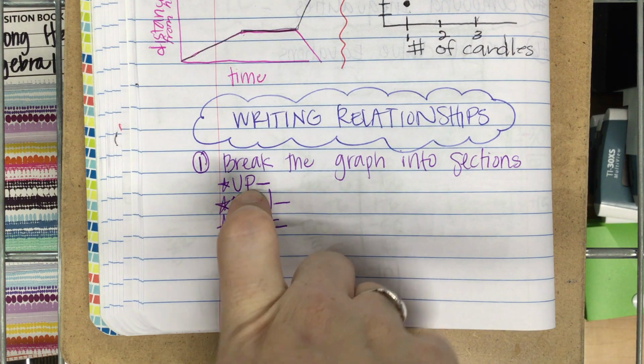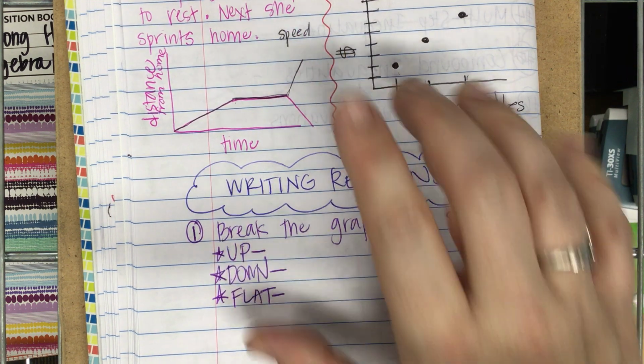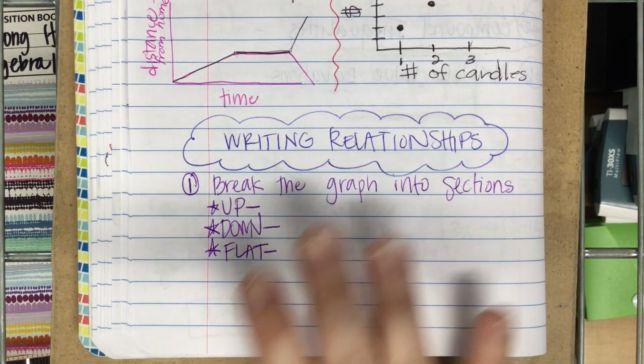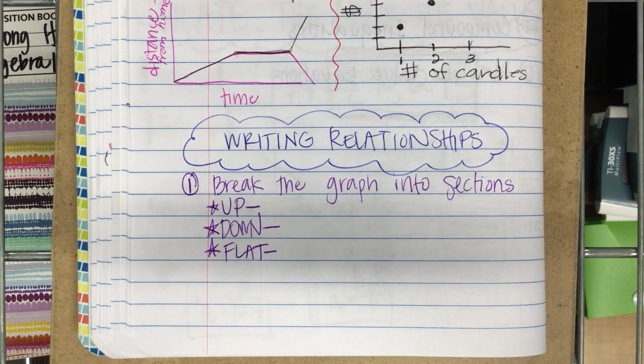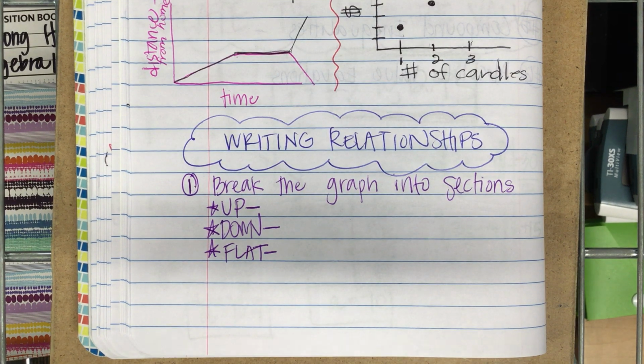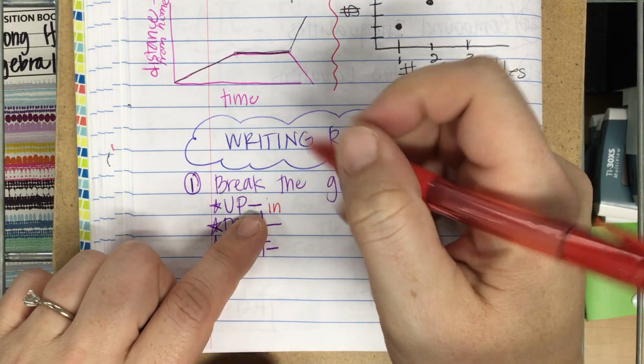But what are some words? If I had a graph that looked like this, here's an up, here's an up. What are some words you could use in your story to describe going up? Carly, what's one? Increase. Or increasing or increased, right?